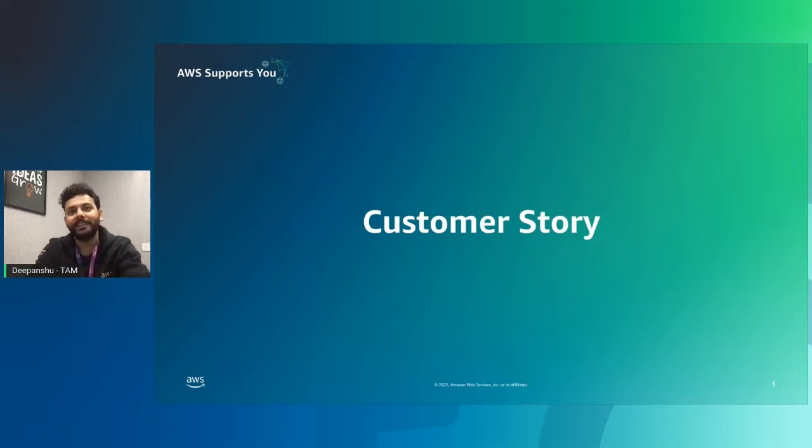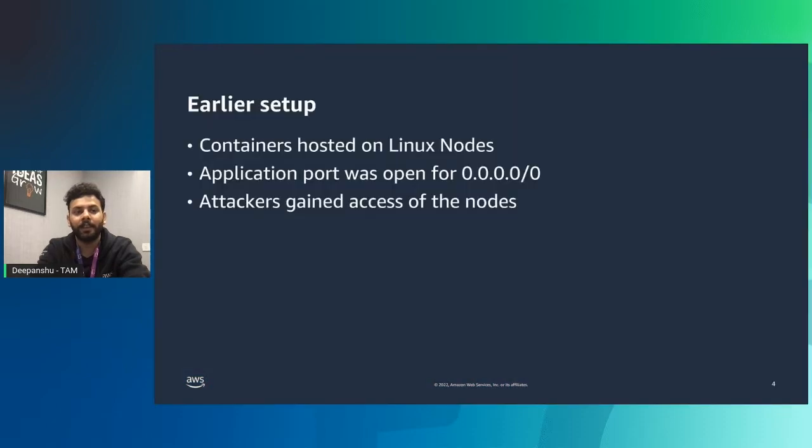Let me first share a customer story and how they built a satisfactory solution using Bottlerocket. Earlier, the customer that started using Bottlerocket had their EKS cluster and their application hosted on EC2 Linux nodes.